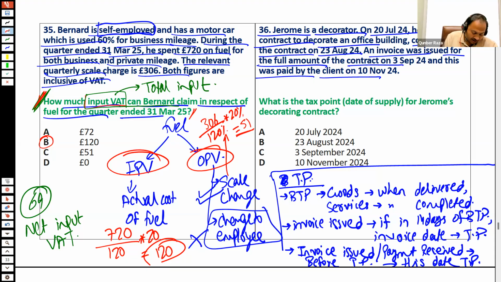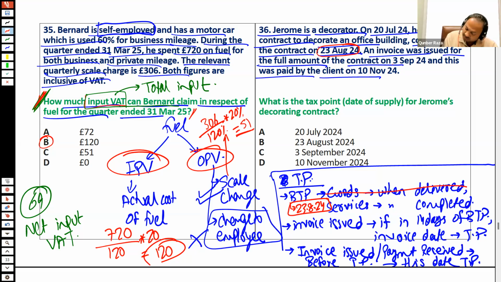Now I'm starting putting the dates over here. Here we are talking about services, so goods I put across services. When the services were completed: 23rd August 24. So the basic tax point is 23rd August.